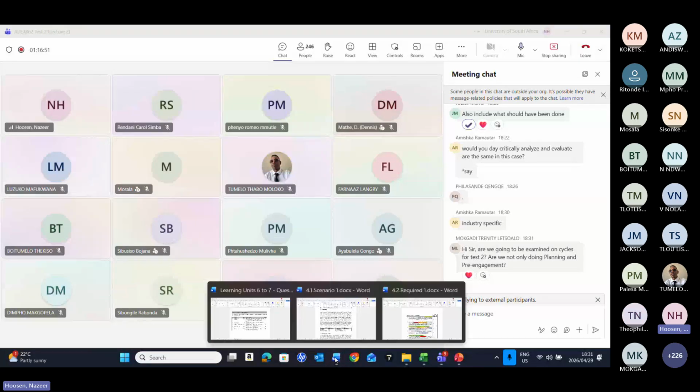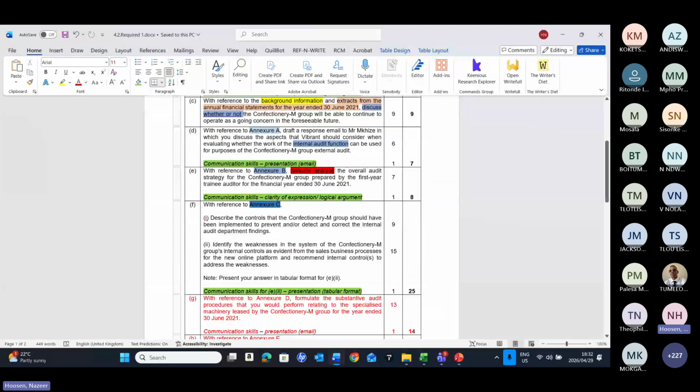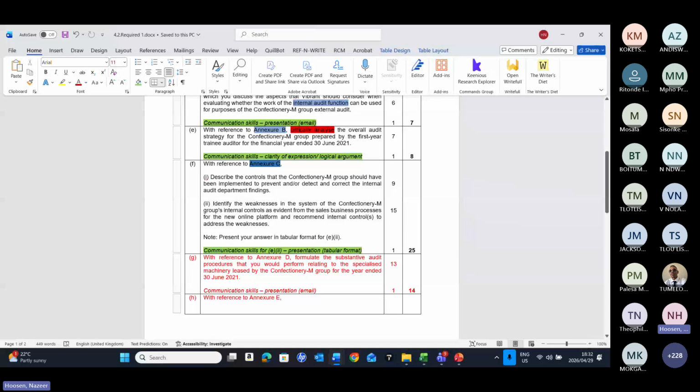Looking at part D, for instance, controls that should be implemented. Also, weaknesses in a business process do feature, as well as recommended controls. That is surely part of the syllabus for the scope of the test 2 assessment.